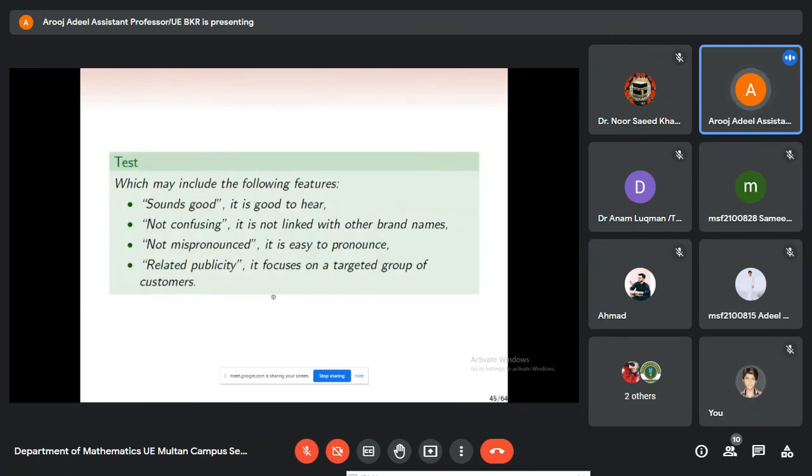Our third criterion, which is known as test, is further classified into 4 different characteristics, which are sounds good, not confusing, not mispronounced, and related publicity, and their description is given in this slide. Sounds good says that it is good to hear, not confusing says that it is not linked with other brand names, and similarly the next 2 characteristics are described.